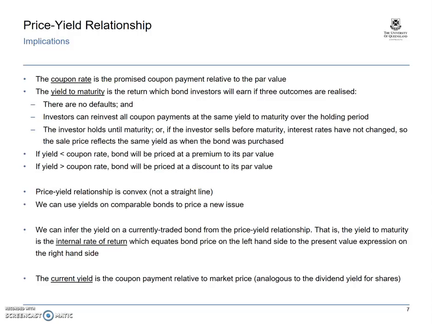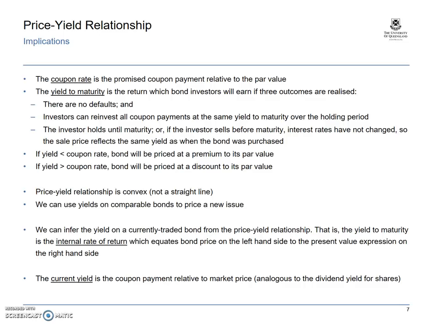We can also infer the yield to maturity on bonds which are trading in the marketplace by looking at the price at which the bonds are trading. Given that we know the time to maturity, the coupon payments, and the par value, we can then figure out that internal rate of return.